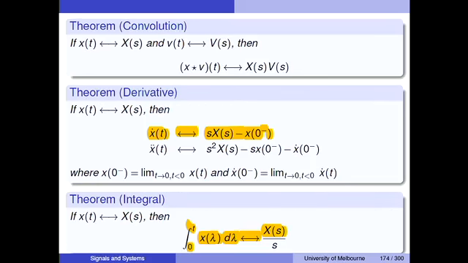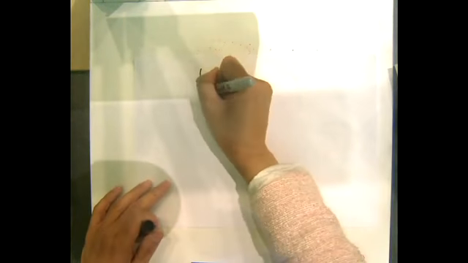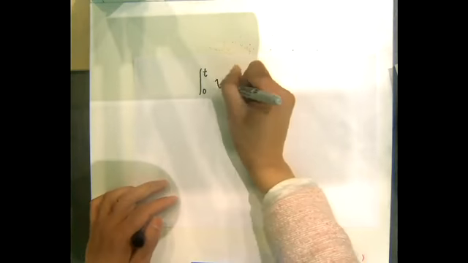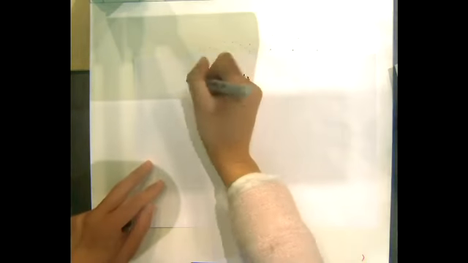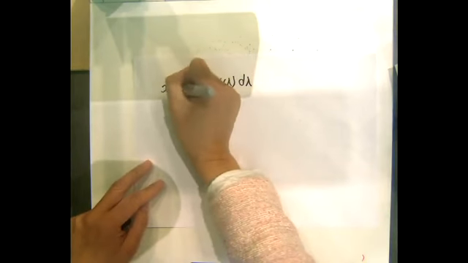So then let me talk about the integral. The integral will be quite tricky. I want to prove that one as well. So the integral from 0 to t of x(lambda) d lambda, I call this one again x1(t).